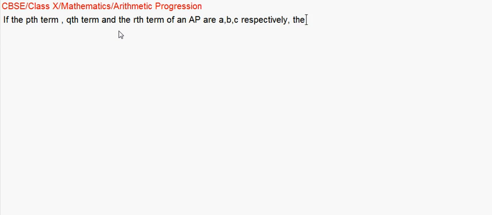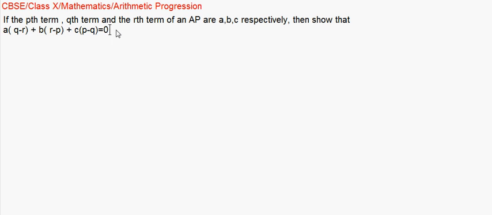Then show that, what do we have to prove? The proof says A multiplied by q minus r plus B, the bracket you have r minus p, plus C, you have p minus q, this equals 0.